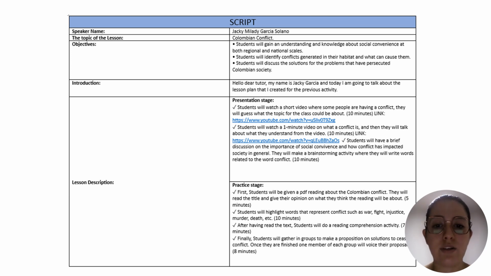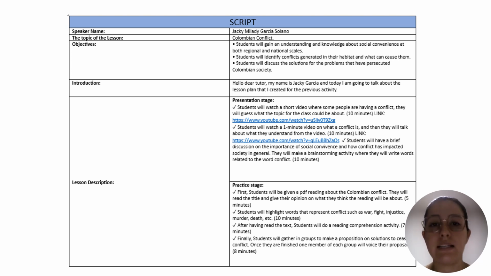Then the students will highlight words that represent conflicts such as war, fight, injustice, murder, death, among others. With this activity, the idea is that they can identify some new vocabulary, new words, and the linguistic component here as well. After having read the text, the students will do a reading comprehension activity.